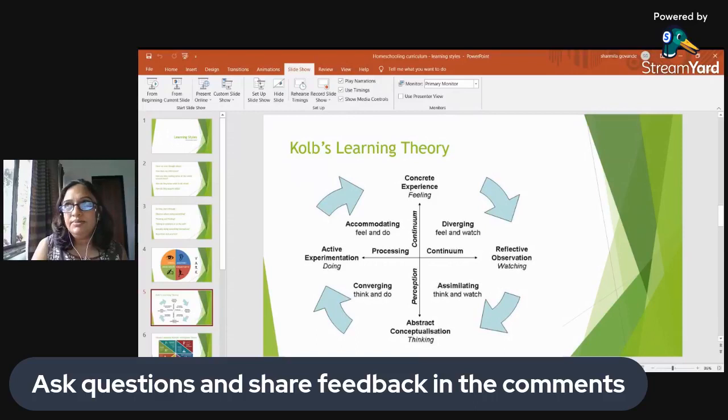So when you're thinking in an abstract way, there are so many abstract concepts. Say, for example, in maths, you probably understand counting, which is a very concrete experience. You can even have concrete experiences with addition, subtraction, multiplication, division.